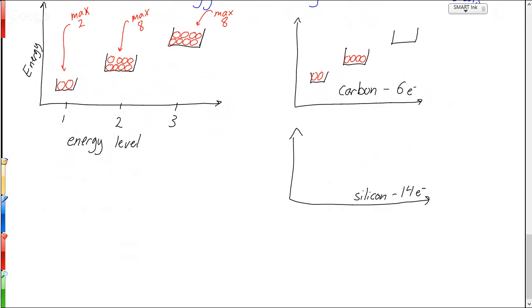So we're going to do the same thing. 1, 2 in the first bucket. 3, 4, 5, 6, 7, 8, 9, 10. So 8 in the second bucket. And then 4 in the third bucket. Okay, and that's called our electron configuration for silicon.